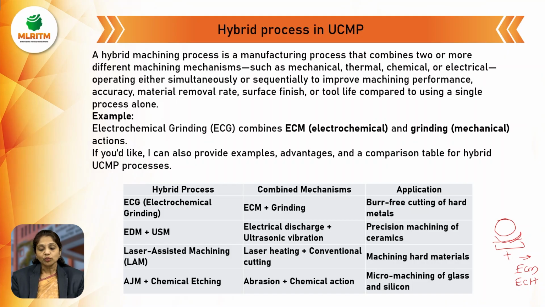So these are a few hybrid processes that are being implemented nowadays in modern industries. They are used to get a high level of precision of jobs and a good surface finish.